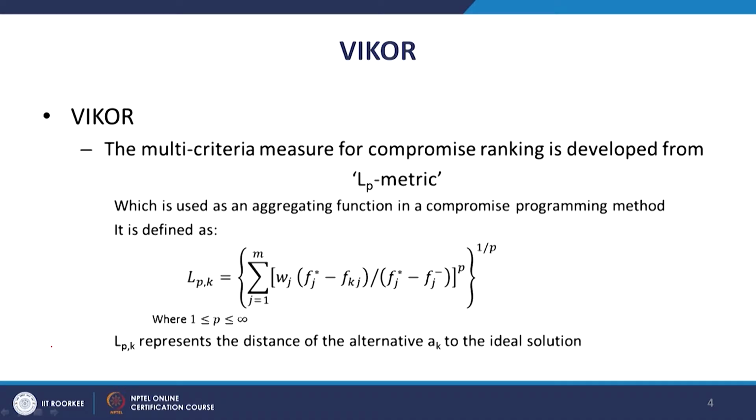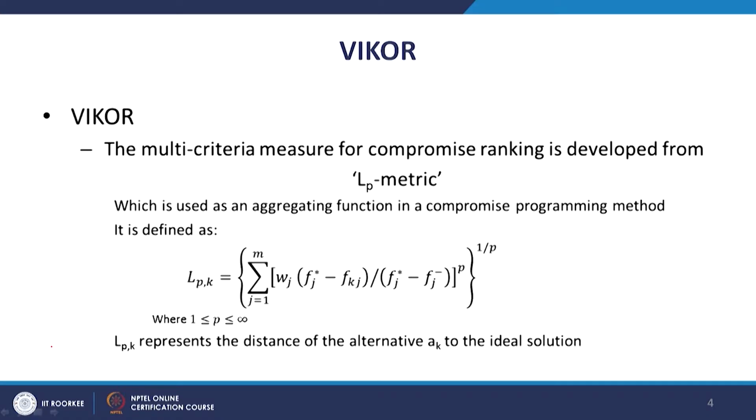Then we have this ratio, Fj star minus Fkj, where k stands for the alternative. We are considering n alternatives, so k ranges from 1 to n. The ratio is Fj star minus Fkj divided by Fj star minus Fj minus in superscript.